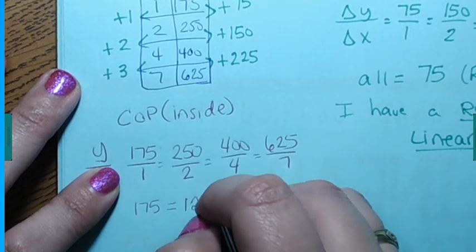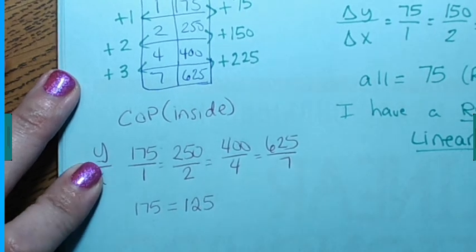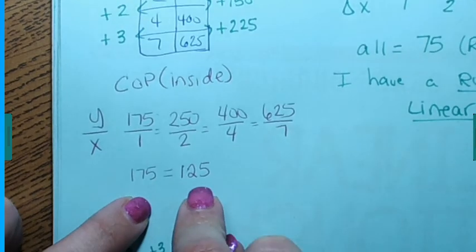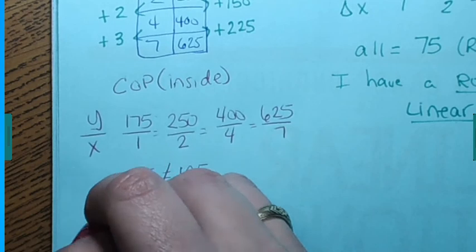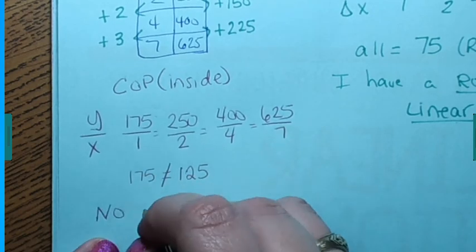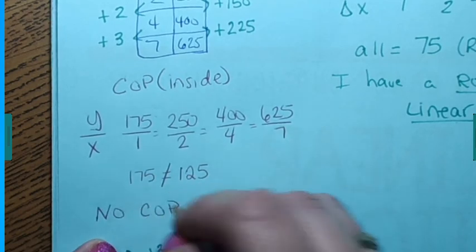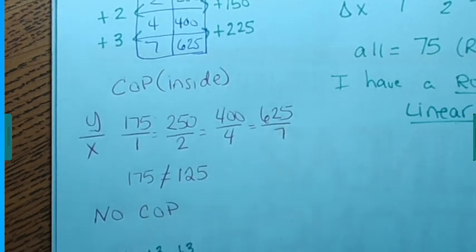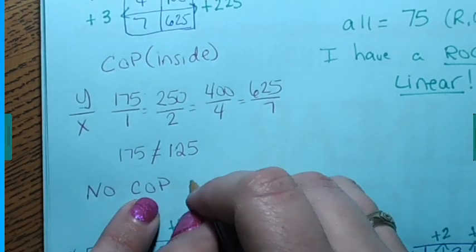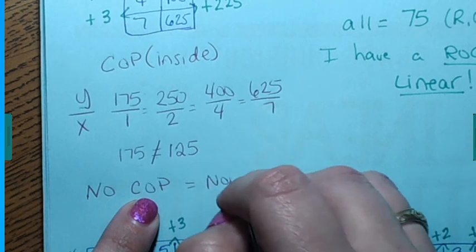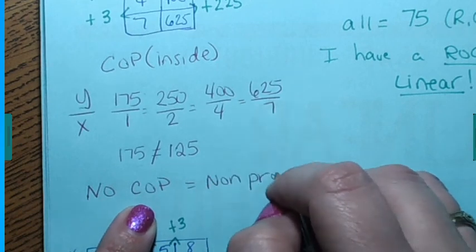Okay, do I need to keep going? Are these equal? No. If they're not equal, do I need to keep going? No, there is no cop. Because these don't equal each other, there's not a cop. And if there's no cop, that means it is non-proportional.